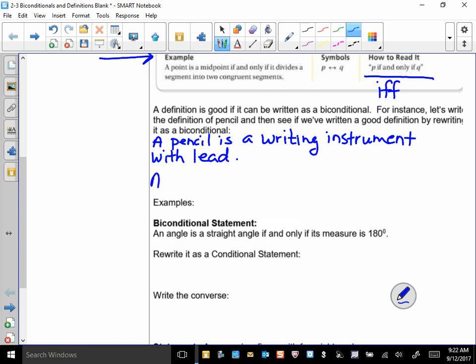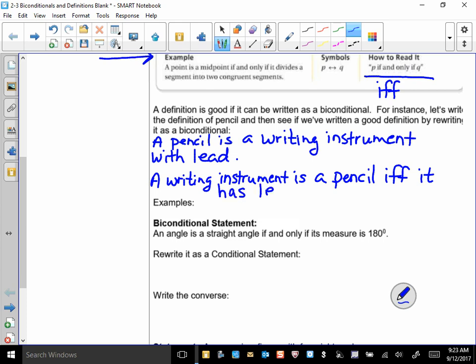A writing instrument is a pencil if and only if it has lead. If and only if the instrument has lead. And yes, that is a biconditional, a true statement, so that means we do have a pretty good definition here.